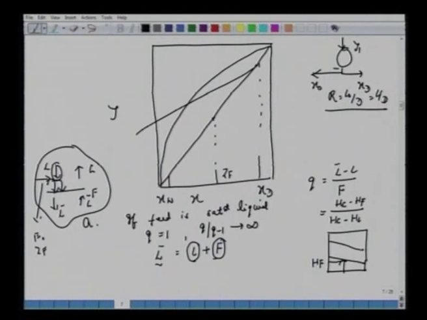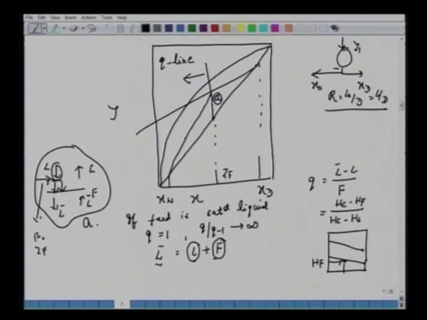So a saturated liquid, L bar equal to L plus F. The slope of this q line is now infinity. q is 1, which means we have this q line going vertically up. So this is your q line, and in that case the equation of this stripping section line will connect like this. So this is case 1 or A, saturated liquid.